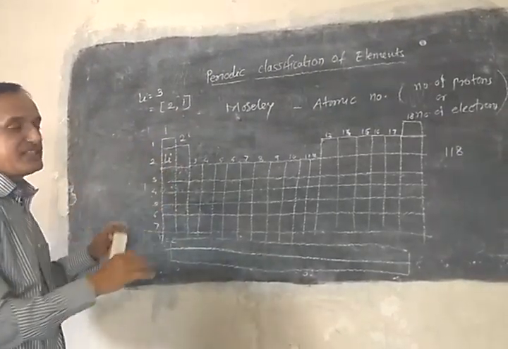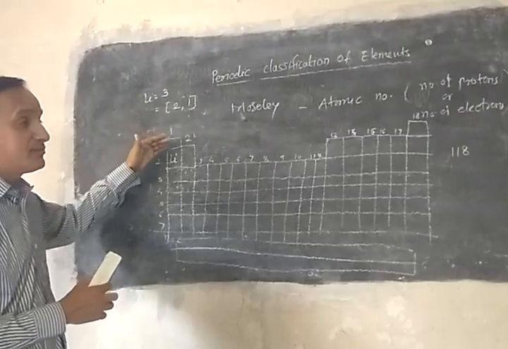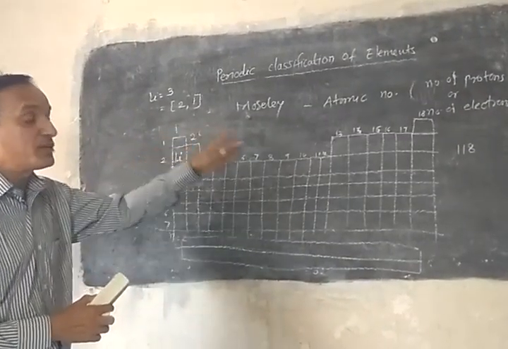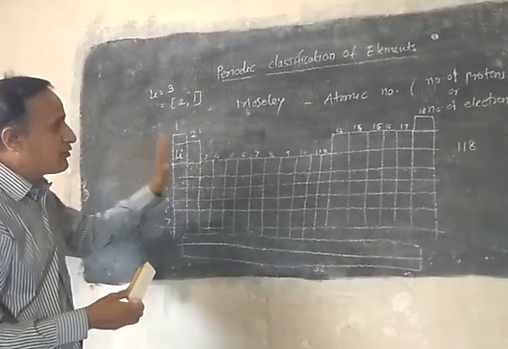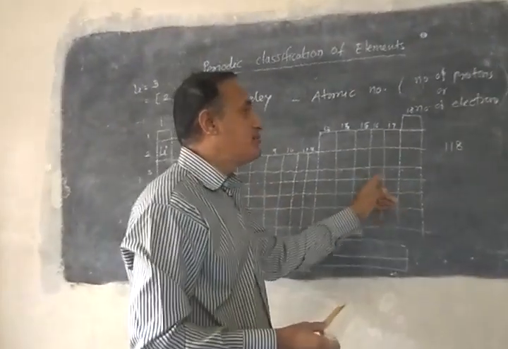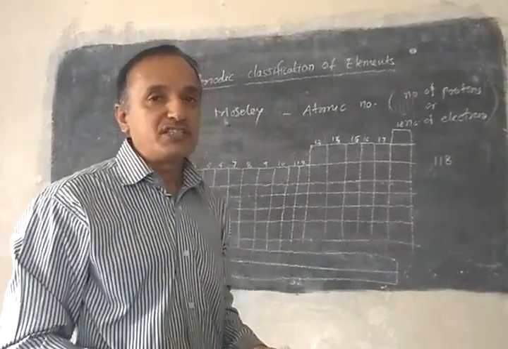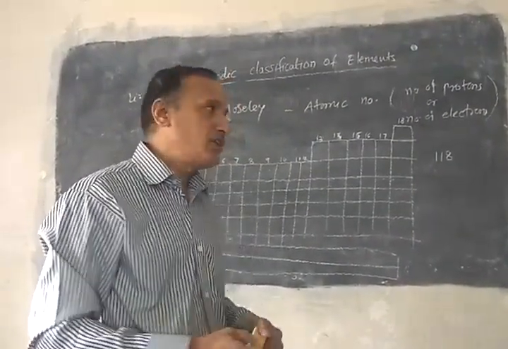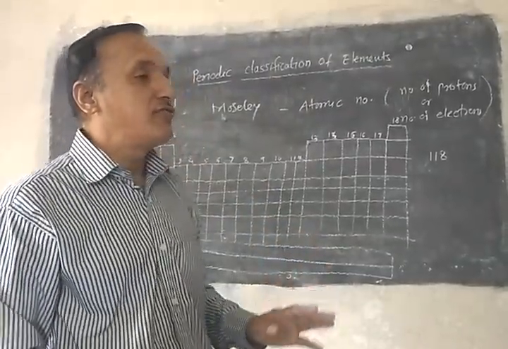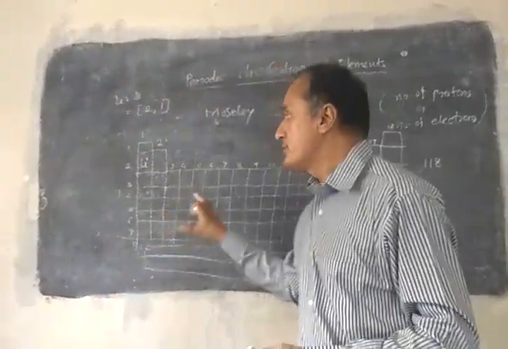So every element is placed this way. Why it is placed here and not in another place, we will discuss afterwards. But each and every element is kept in the table according to its electronic configuration. That's why all the elements are fully kept in the table.